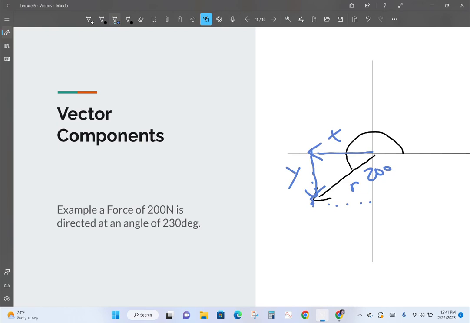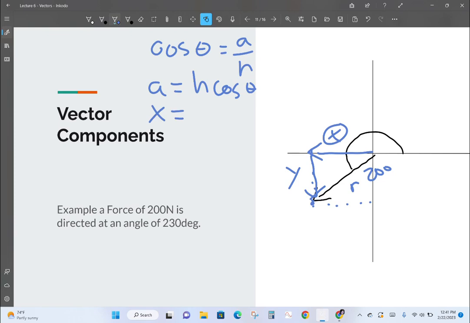So x is the adjacent side, and the function that has adjacent and hypotenuse in it is cosine theta equals adjacent over hypotenuse. So the adjacent side is equal to the hypotenuse times cosine of theta, or in our symbols, it's r cosine theta, as long as we're dealing with a polar heading or an angle that is touching that x.